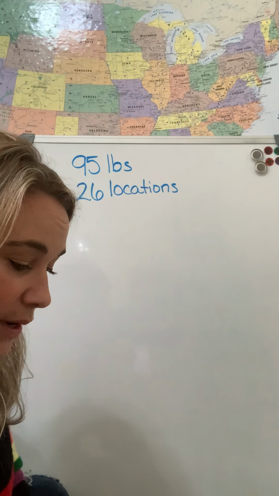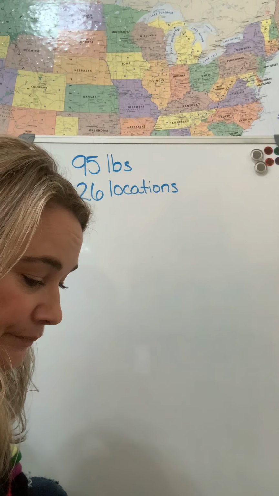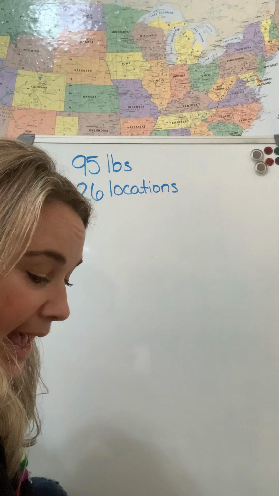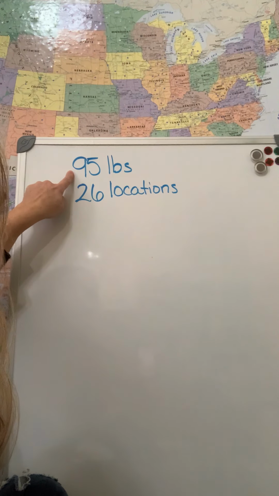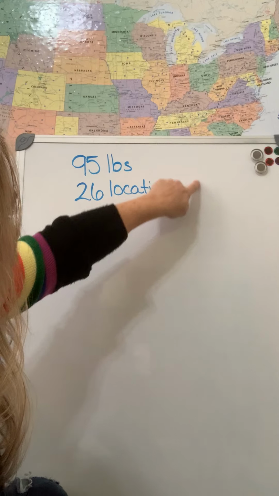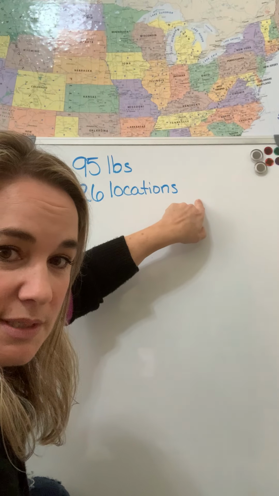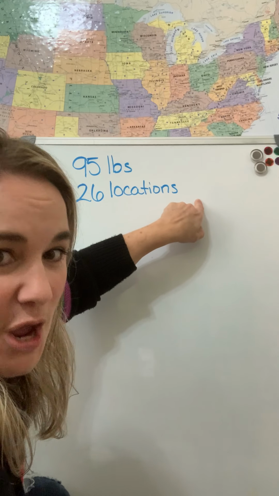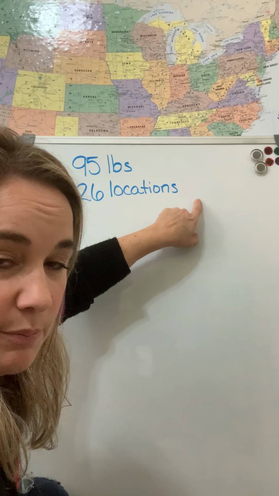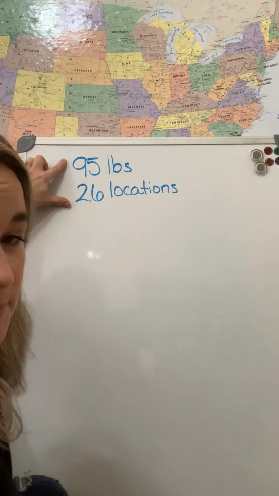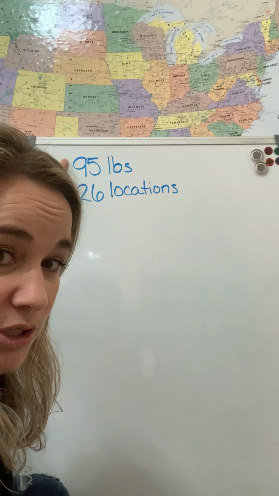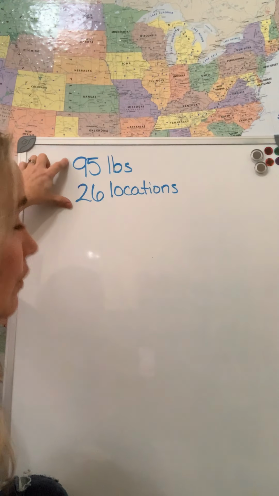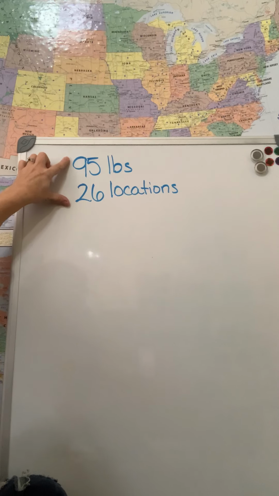So listen to what this question is asking for, okay? It's asking for how many pounds of potatoes were purchased all together for all 26 locations. So does that sound like we're going to come up with a smaller number? No, it sounds like we're going to come up with a much larger number. So we know we're probably going to have to do either addition or multiplication to come up with that larger number. Okay, so what do we have here? We have 2 things.